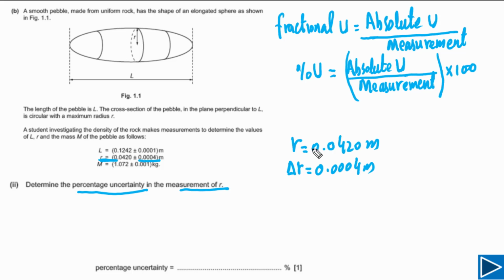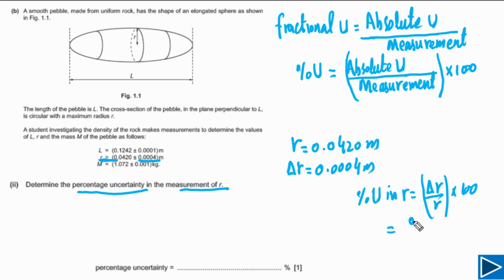So this is how you can calculate percentage uncertainty. Now let's calculate the percentage uncertainty in R. Simply this will be equal to delta R divided by R, multiplied by 100. Now we can simply plug in values.